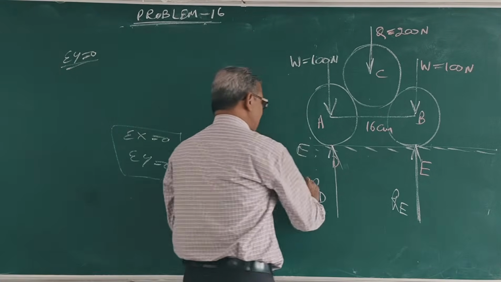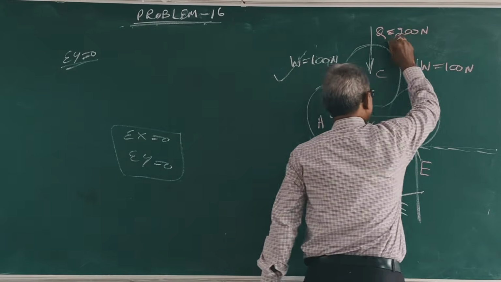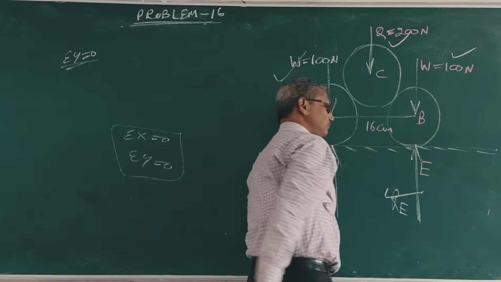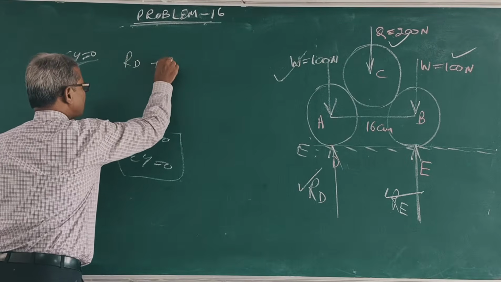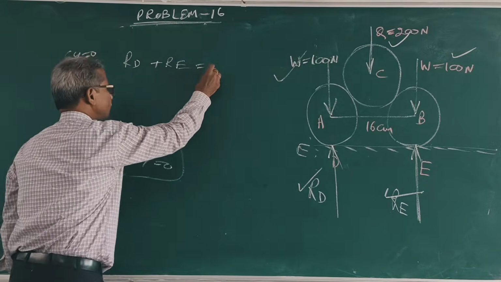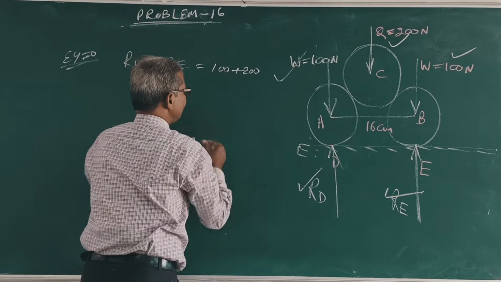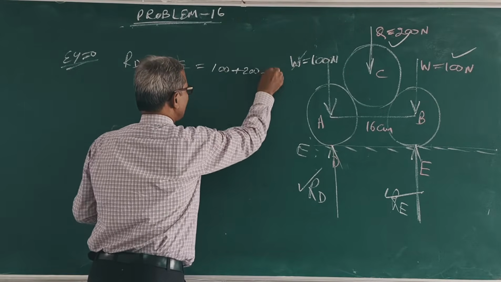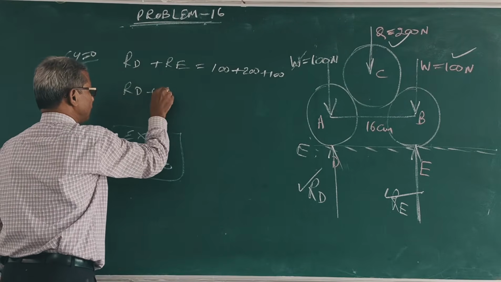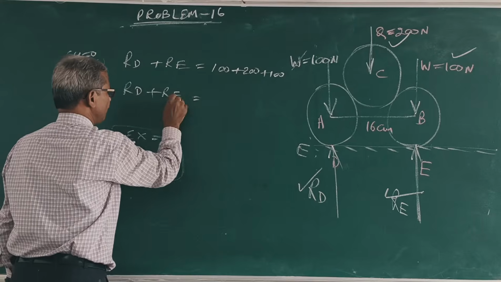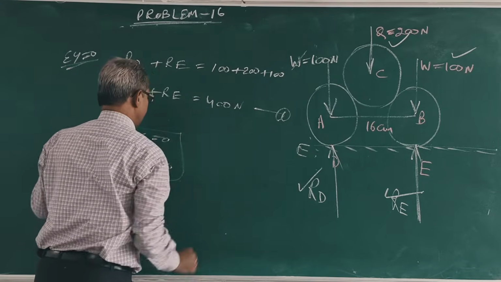So RD plus RE is equal to 100 plus 200 plus 100, so RD plus RE is equal to 400 Newton. Equation 1.